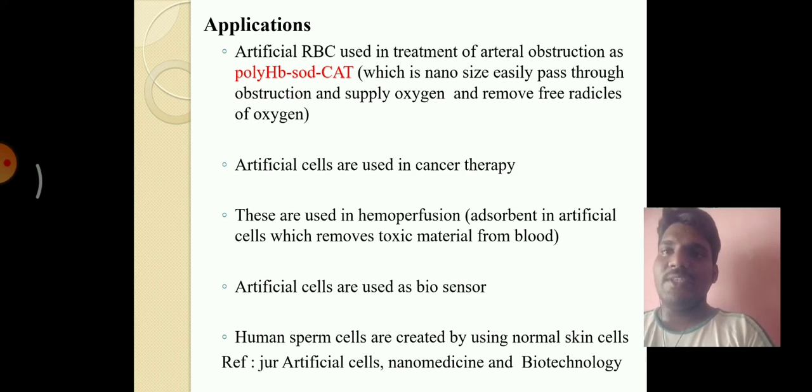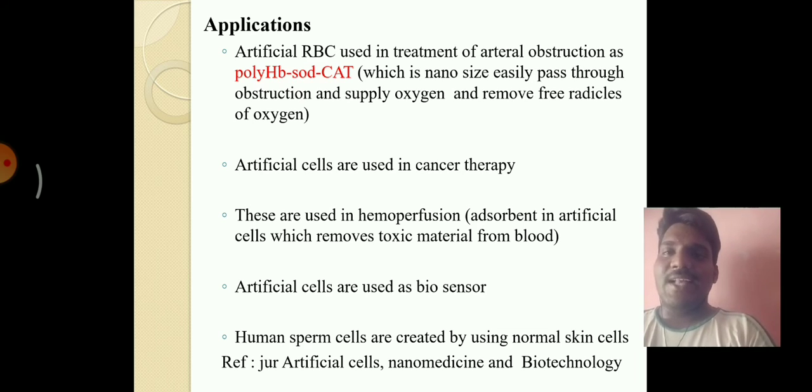To overcome this, artificial cells are used. Because of their small size, we encapsulate polyhemoglobin sodium catalase, which is nano size, easily passes through the obstruction and supplies oxygen, and it removes free radicals of oxygen from the body.